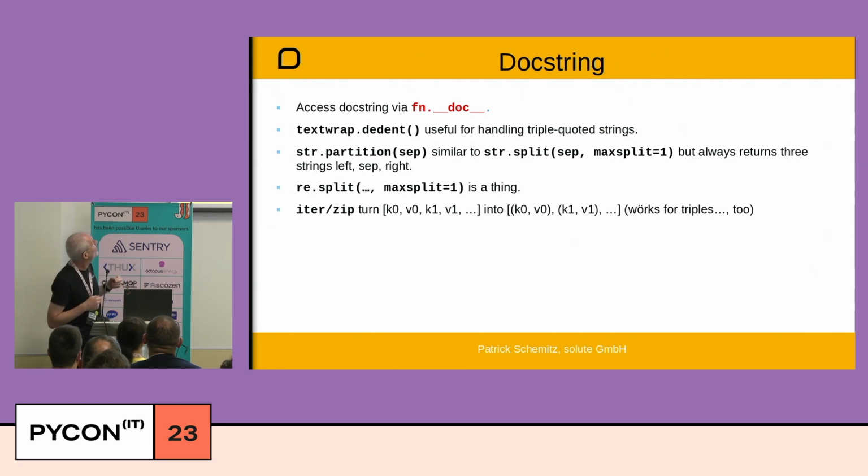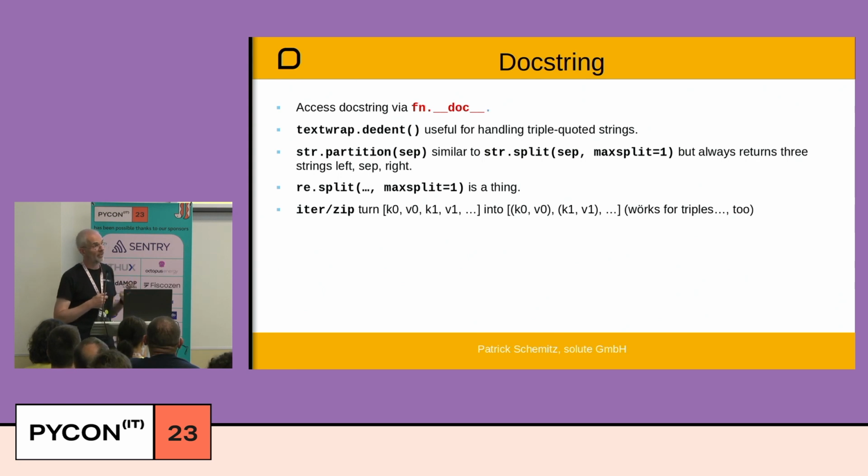Brief recap: function.__doc__ will get the docstring, then textwrap.dedent for multi-line strings, nice to have in the back of your mind if you ever have to process them. str.partition on a separator is a bit underused in my opinion. It's like string split with maxsplit equals 1, but with a nicer interface because it will always return 3 values: left of the separator, the separator, right of the separator.